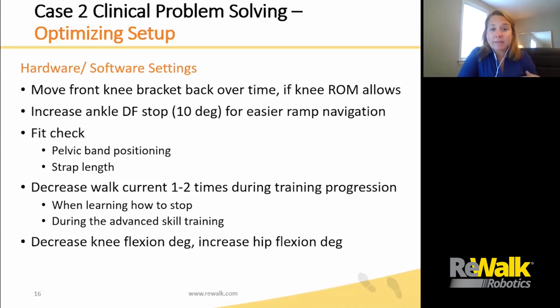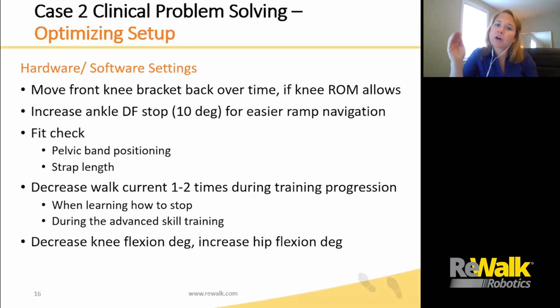But once they've gotten the hang of it and they're ready to start learning how to stop on their own, and we're doing advanced skill training, you want to bring that current down so that when they purposefully make the movements necessary to scuff the foot and stop the device, the threshold is set at a level that recognizes that as a purposeful scuff and returns them to standing, as they're trying to do.